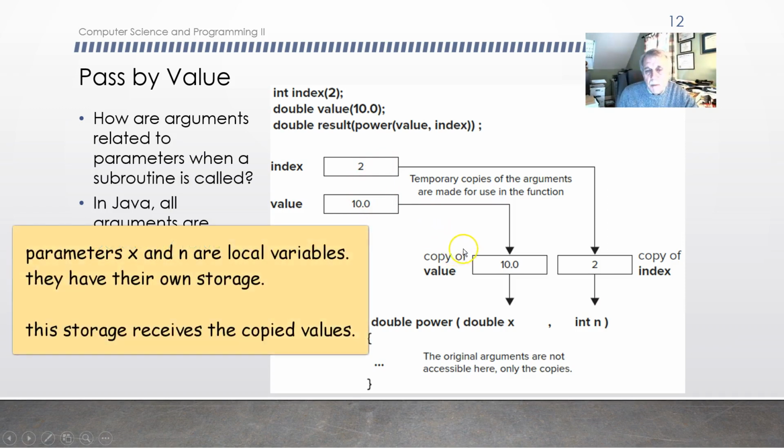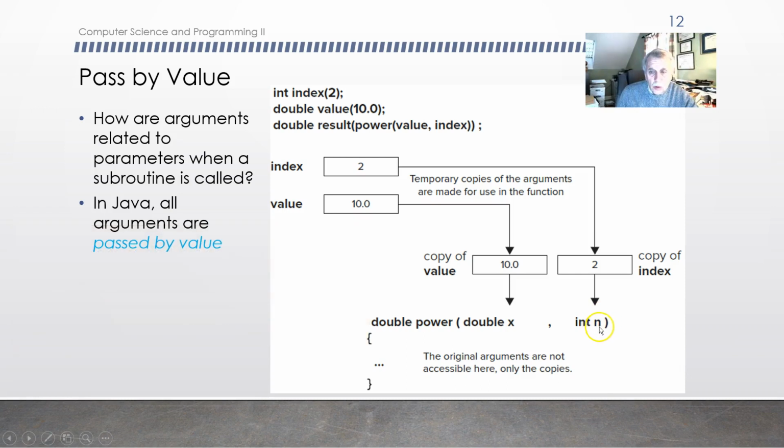What is happening is I'm making a copy of what's currently stored within these two areas, and that is what will then be passed on to the subroutine. So it's actually being communicated to the subroutine as copies. So here we have 2, I make a copy of that. So when I get n internally, n is really a value of 2, the same value that index has.